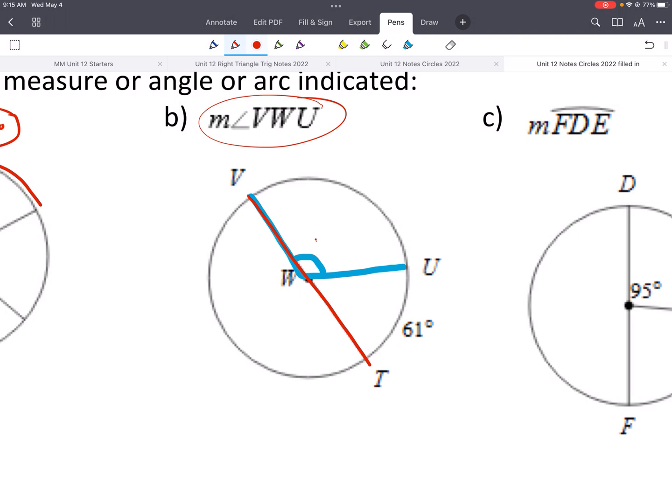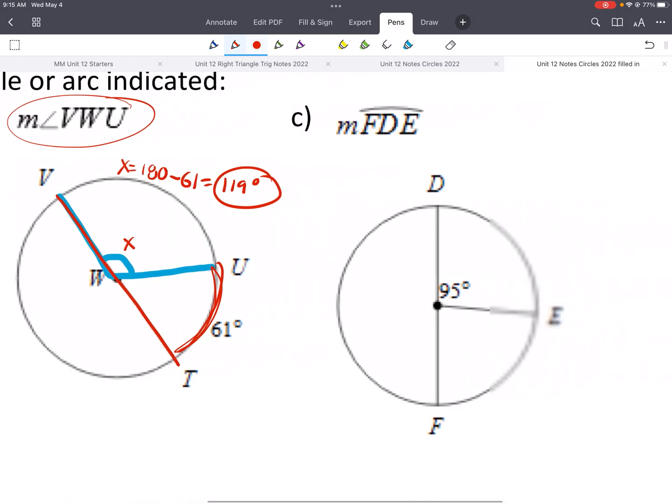So what does this have to be? Well, we know the semicircle is 180, and we could subtract the 61 that we have over here. And so we'd end up getting 119 degrees. Okay. Again, the arc is the same as the angle. So, I mean, if you wanted to, you could put x up here instead and use that to solve.